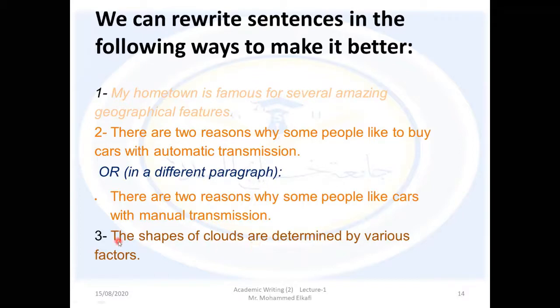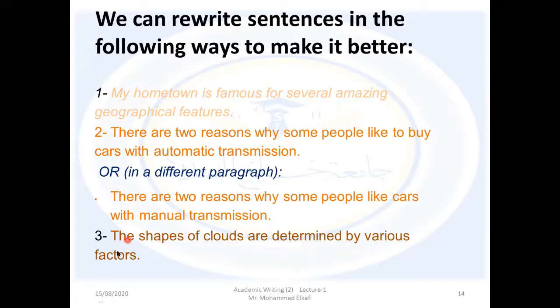But now he says that the shapes of clouds, this is the topic, are determined by various factors. So what are these various factors? The answer will be included in the rest of the paragraph, the body paragraph.